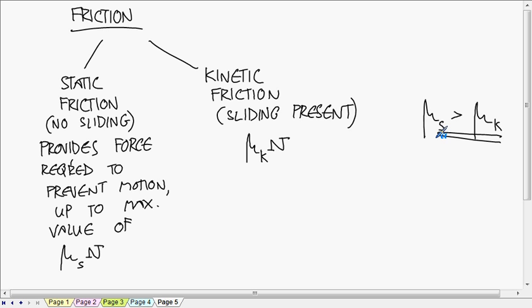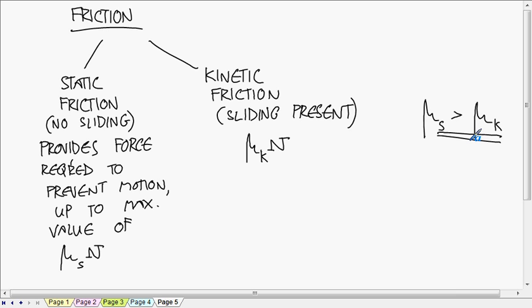And that goes along with experiences that you've had, like, if you have a big box of stuff that you're trying to slide across a wood floor, a box full of books or something, it's a lot harder to get it moving than it is to keep it moving. That's because the maximum force that static friction can provide before it sort of breaks free of all the attachments is bigger than the friction provided in sliding, the kinetic friction.